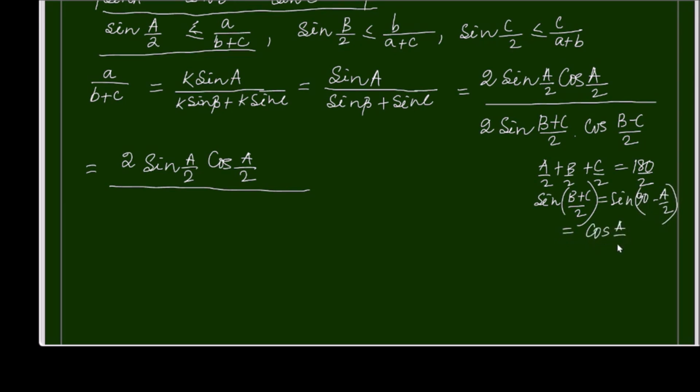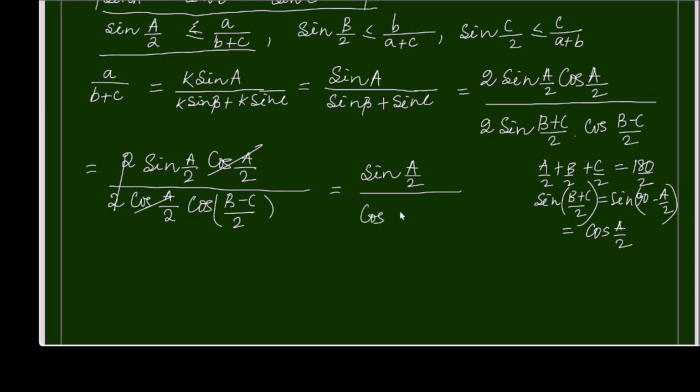So in the denominator, I'll write 2 cos A over 2, and no change in cos of (B minus C) by 2. The 2 cancels, cos A cancels. Ultimately, I'm getting this ratio: sine half A over cos of (B minus C) by 2.